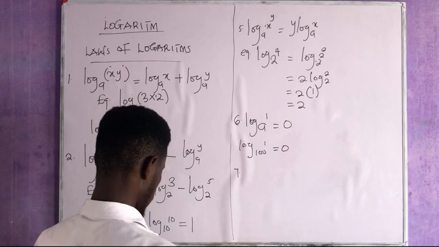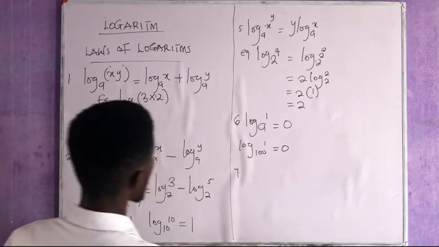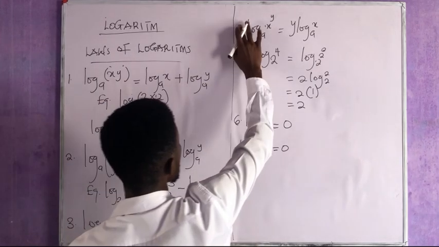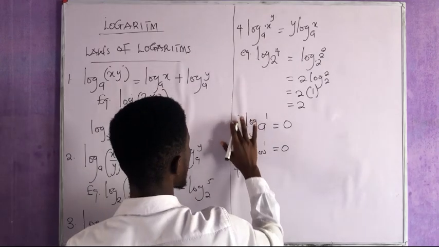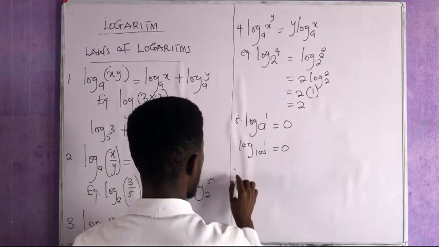Okay, so if I have number 3, number 4, number 5, so this side is number 6.